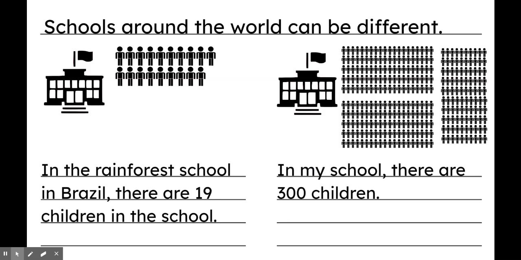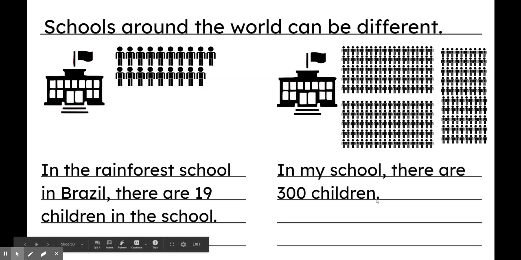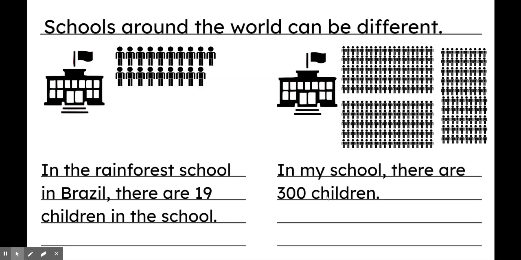All right, does that sentence make sense? Yes, it sure does. All right. And in my school, there are 300 children. All right. Do I have a capital letter? Yes. Do I have a period? Yes. Do I have spaces between my words? Yes. And does it make sense? It sure does.